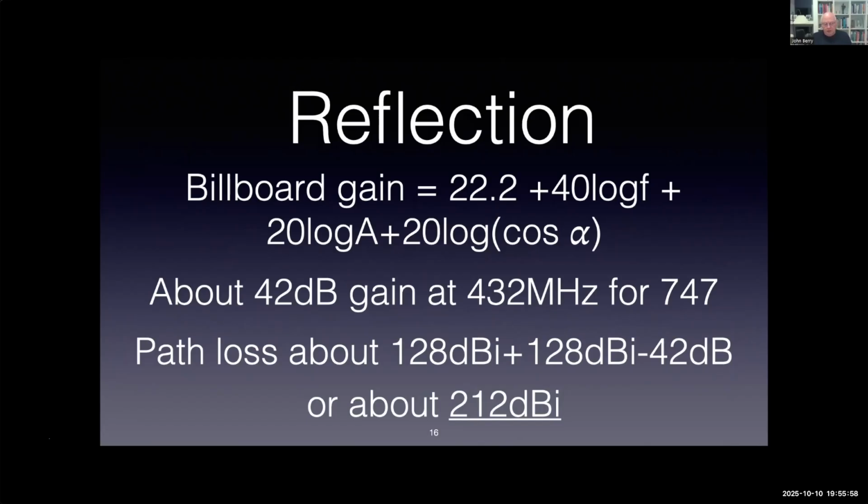The billboard gain is increasing as log the area squared, 20 log A, and that's in square meters. So we can look at the bigger aeroplanes giving us bigger gain. And then we've got plus 20 log cos alpha. Cos alpha is the included angle. In other words, like that, it's the angle inside my hands, not the traditional reflection angle, but the included angle. It's half the included angle, and that's quite significant. We'll come to that when we look at how it all works.